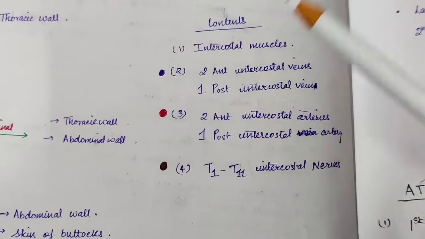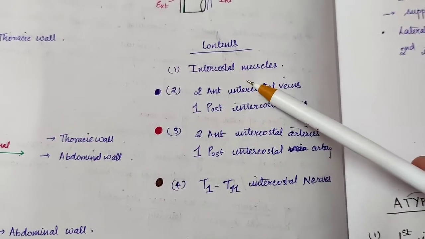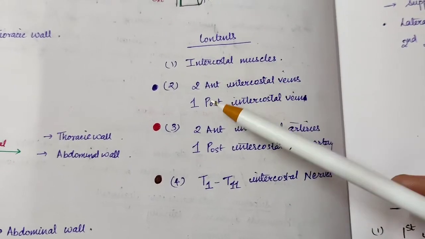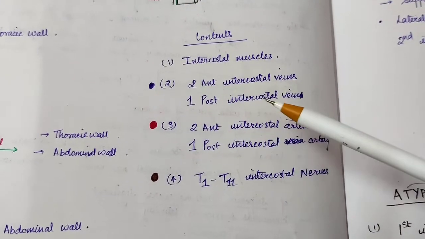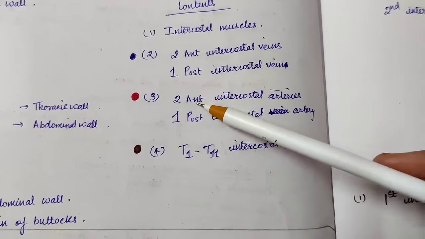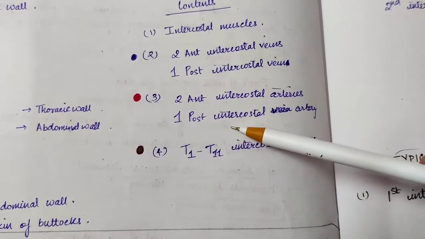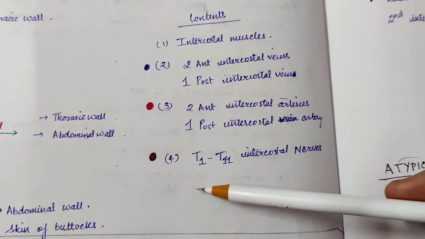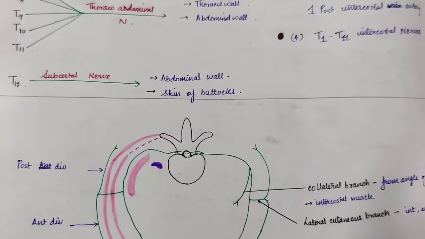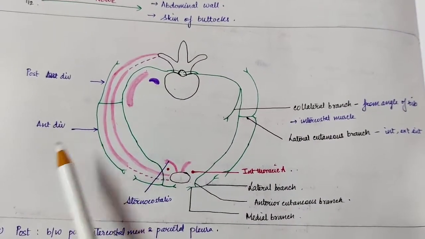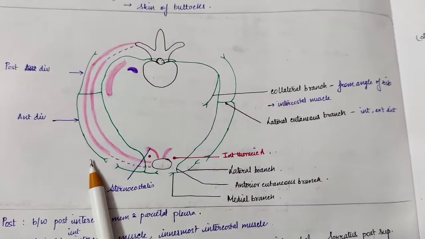Now let us see: along with the intercostal muscles, there are 2 anterior intercostal veins, 1 posterior intercostal vein, 2 anterior intercostal arteries, 1 posterior intercostal artery, and the T1 to T11 intercostal nerves. These are the muscles present, and these are the branches.